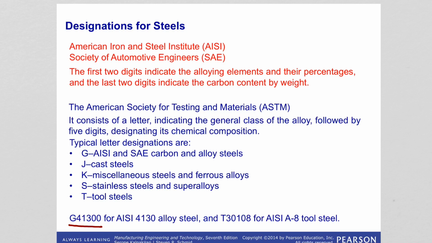If you look at 41, it means it is chromium and molybdenum steel, and the 30 is actually around 0.3% carbon. So the last 2 digits represent the carbon content, remember. And this is an example, so the others are similar to that. You can check the other one. Okay.